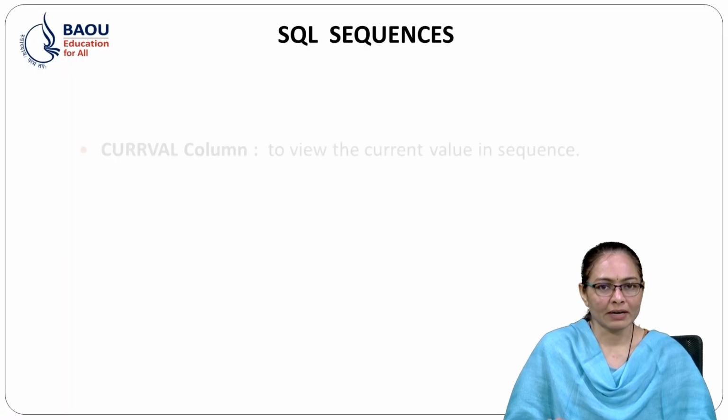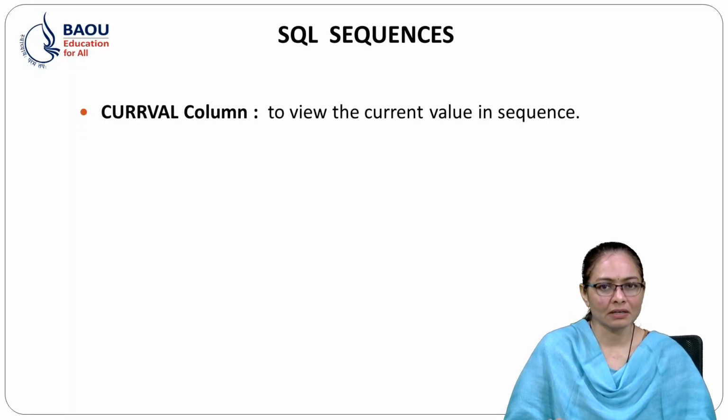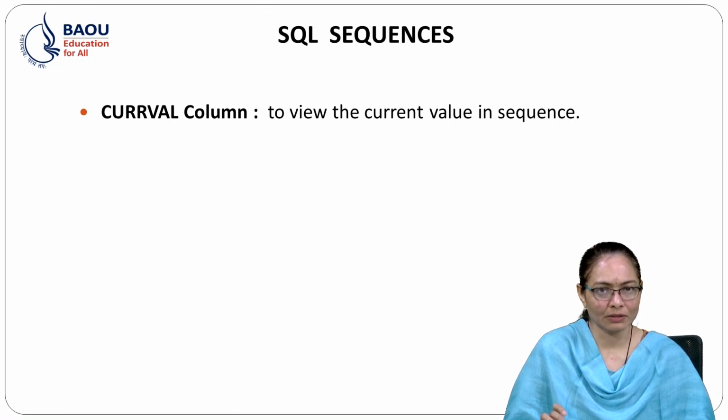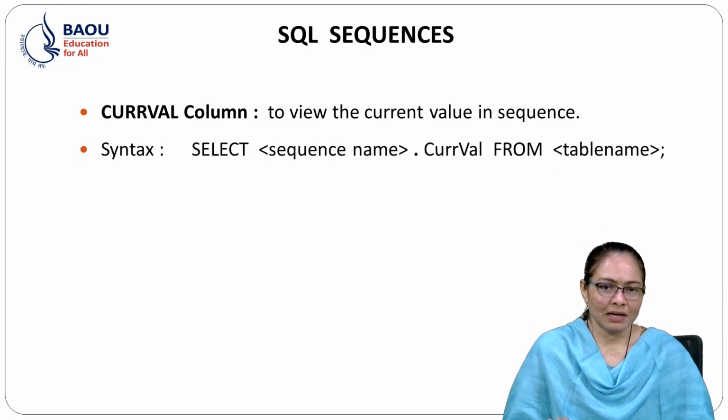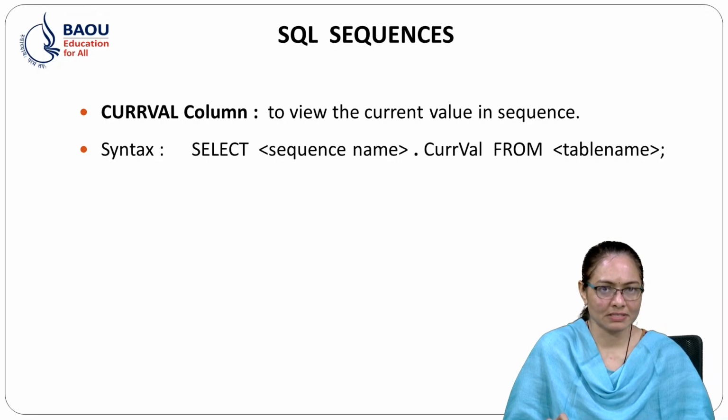Now, what is the use of cur_val, meaning current value? Once the sequence is created, SQL can be used to view the current value in a sequence. Then the cur_val pseudo column is used. It is used to view the current value in a sequence which is generated by the sequence. How to view the current value? See, select sequence name dot curval from table name.